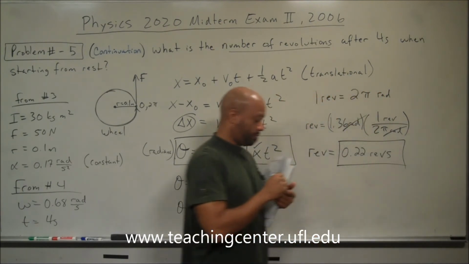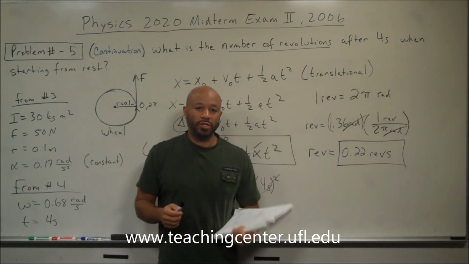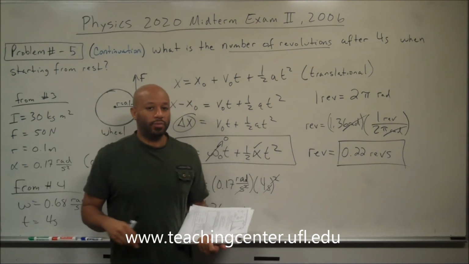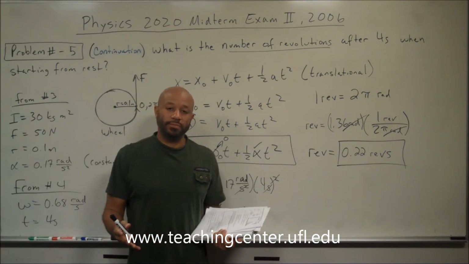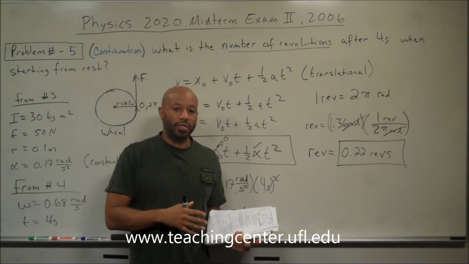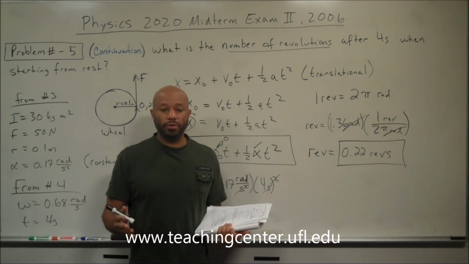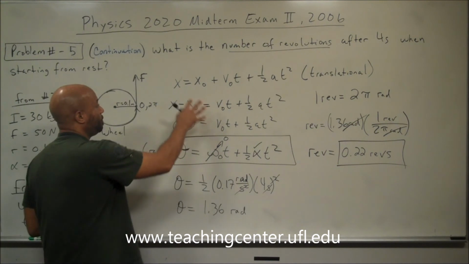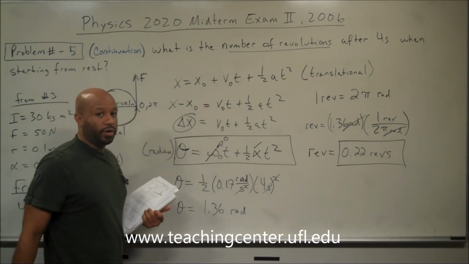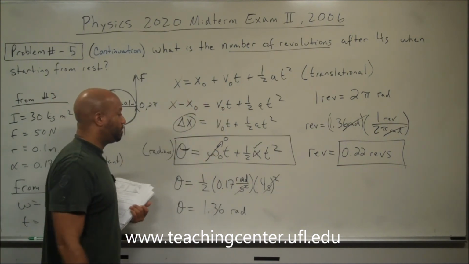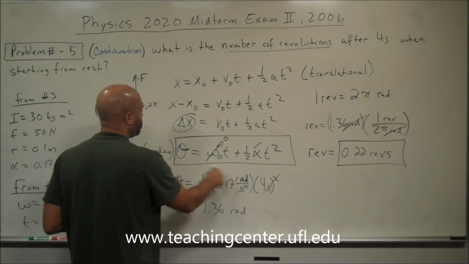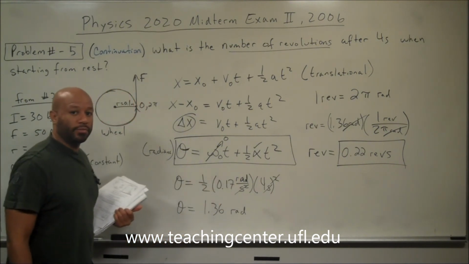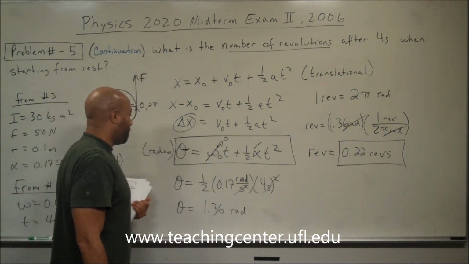0.22 revolutions. So the trick to this problem is really understanding that we're talking about rotational motion versus translational motion, but understanding that they're both analogous to each other. And once you did that, you could have taken the translational motion equation, given constant acceleration, and just substituted in the rotational parameters.